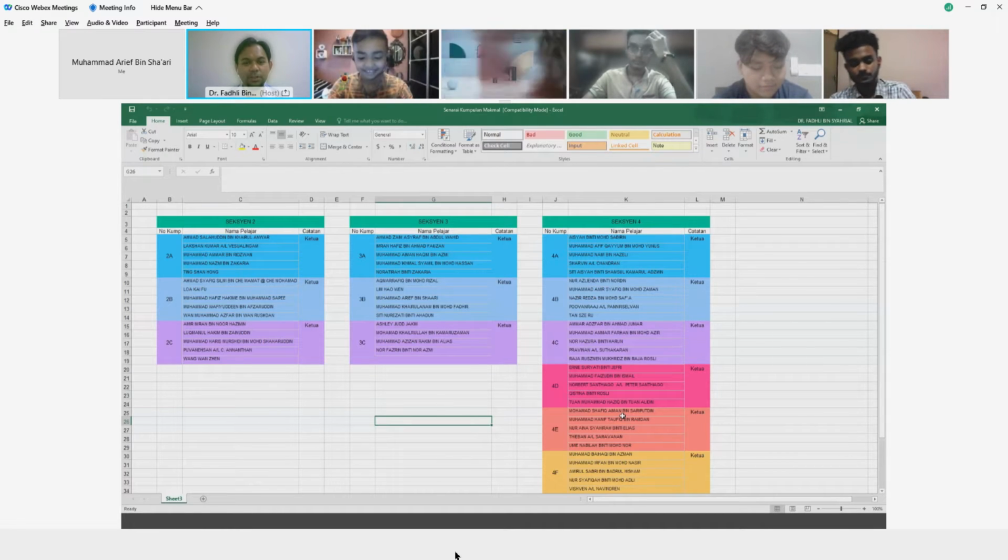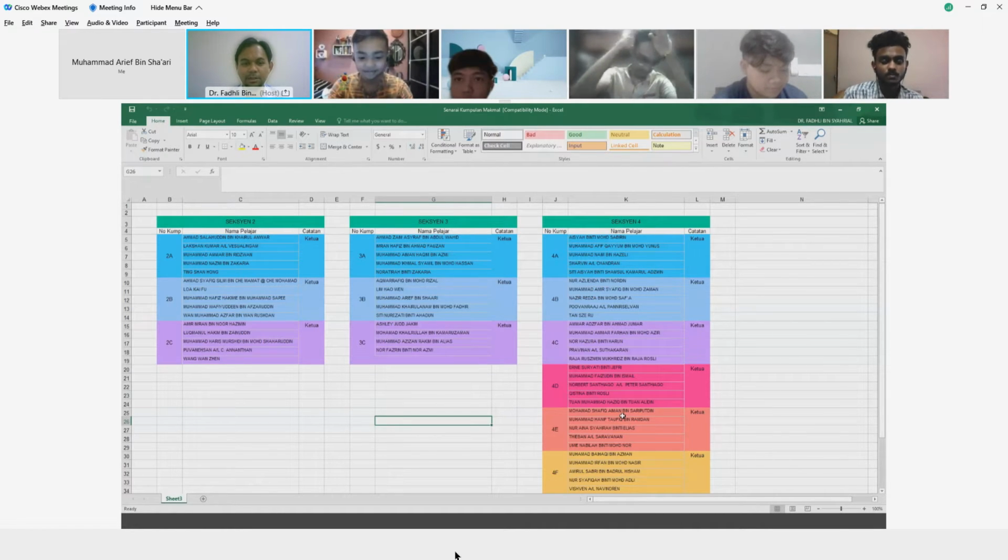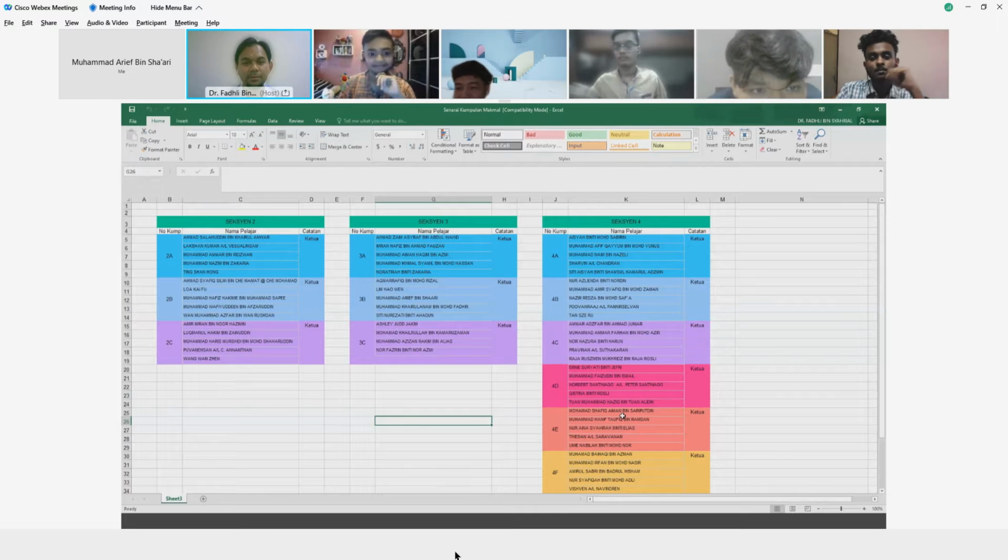Fine. So this is your group, and the members for each group. So please contact all of your friends for each group. Discuss with them. For section 2, section 3, and section 4.